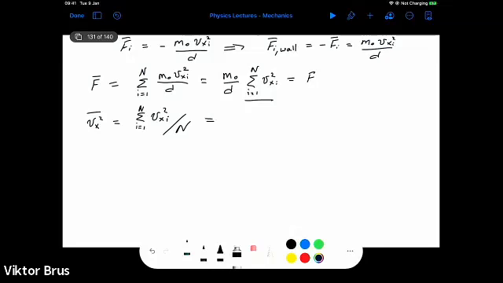And from here we can write that this sum, which is a tricky parameter, the sum of Vxi square, will be equal to N times Vx square average. That is already better. We have just some average x component speed to the second power.